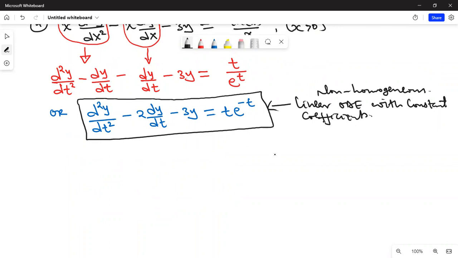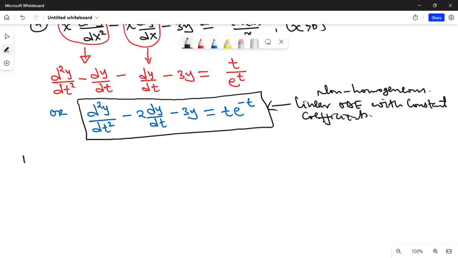Of course, you get the general solution, which is the sum of the complementary function and the particular integral. And there are three methods of finding the particular integral. The first one is the variation of parameters. Another one is the use of inverse differential operators. And another one is the method of undetermined coefficients.